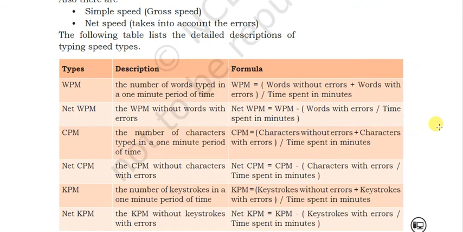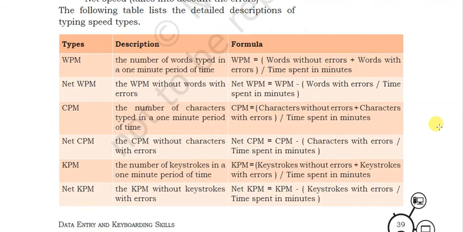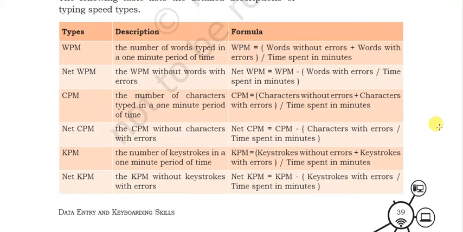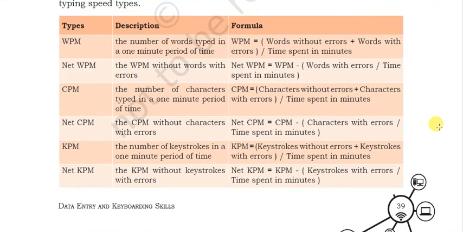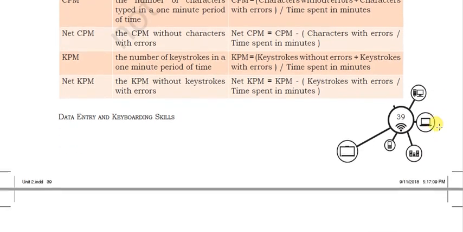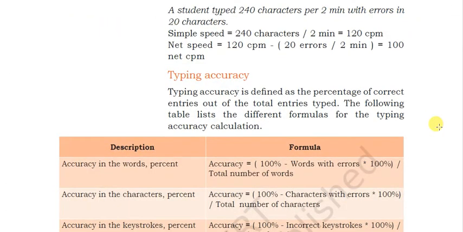So this is the detailed description of the typing speeds: WPM, net WPM, CPM, net CPM, KPM. This is how the typing speed is judged. You can go through this table and learn how typing speed is judged. A student typed 240 characters in 2 minutes with errors in 20 characters.